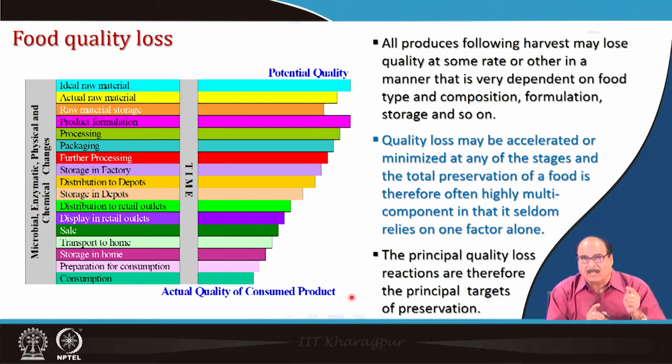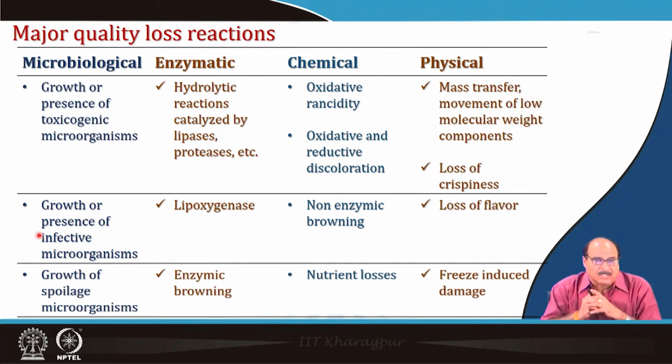The total preservation of a food is therefore often highly multi-component, as it seldom relies on one factor alone. So, the principal quality loss reactions are the principal targets of food preservation technology.